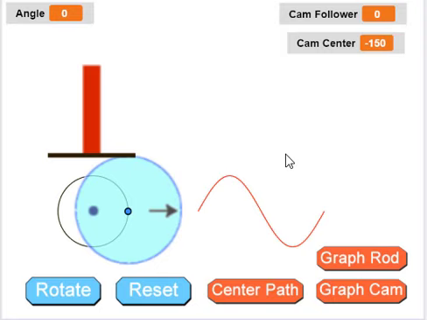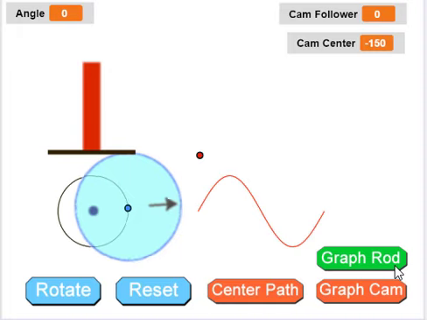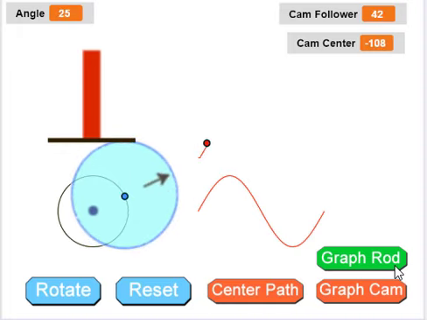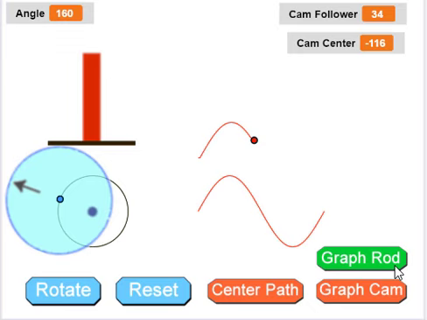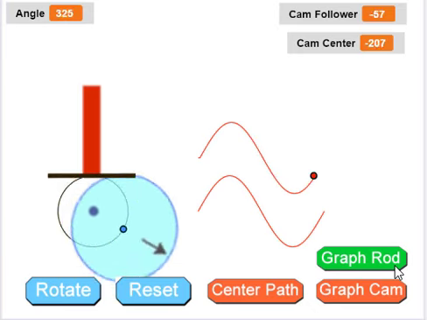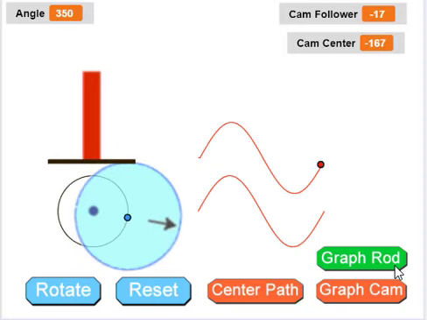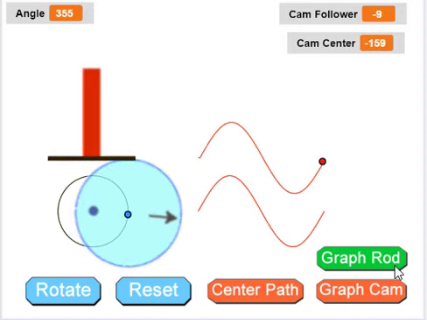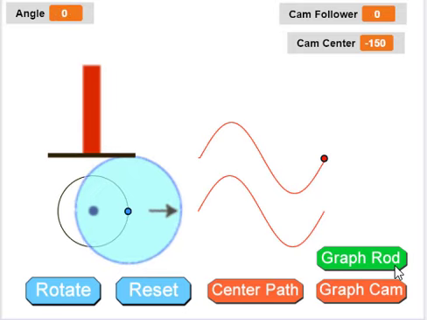So the cam is essentially transposing its motion onto the motion of the cam follower. As a result, if we graph the vertical motion of the cam follower, we're going to expect that it also will create a graph that follows the same path as the path of the center of the cam, and it is separated by the radius of the cam.